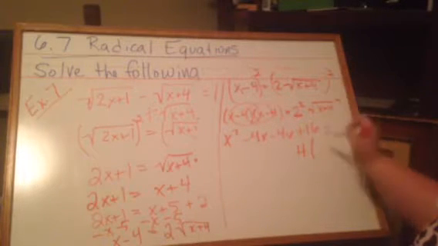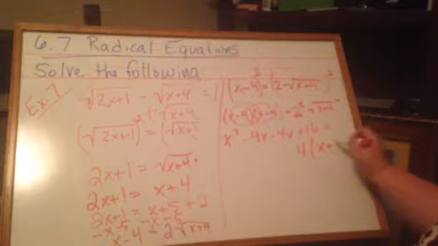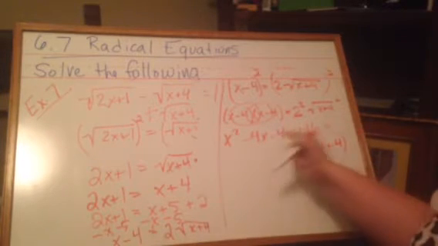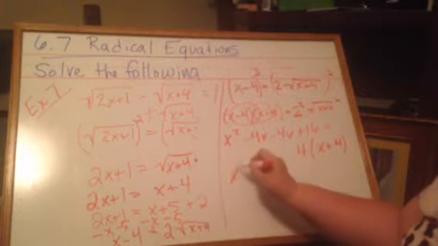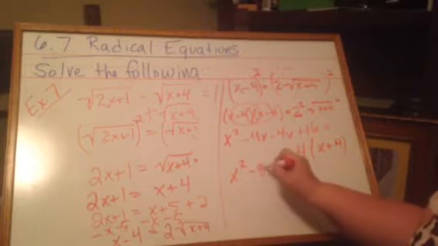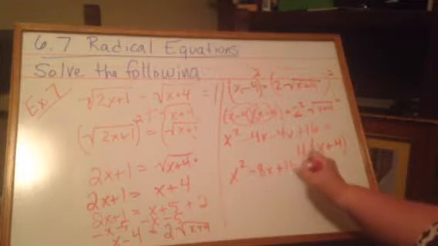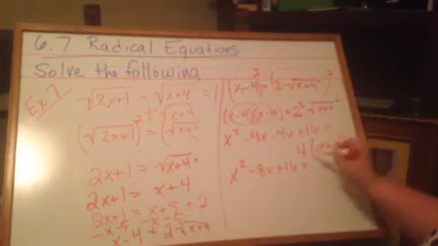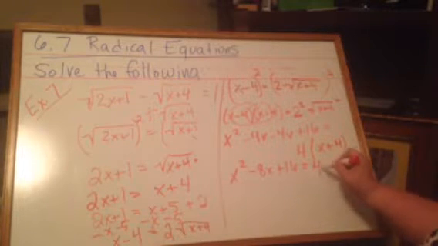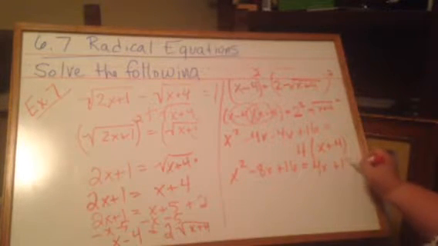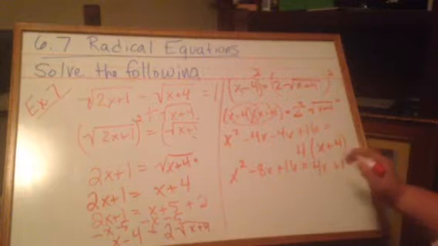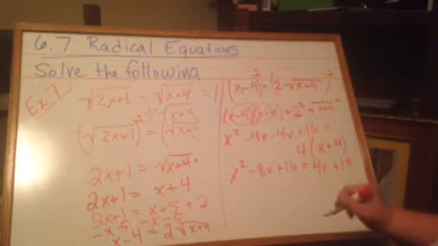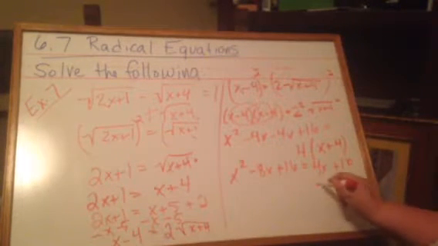Now this square root and the squared cancel, so it's just x plus 4. So on the left-hand side, it simplifies to x squared minus 8x plus 16. And on the right side, we distribute that 4 to get 4x plus 16. So again, we have to move everything to the left side because we're going to have to factor that.